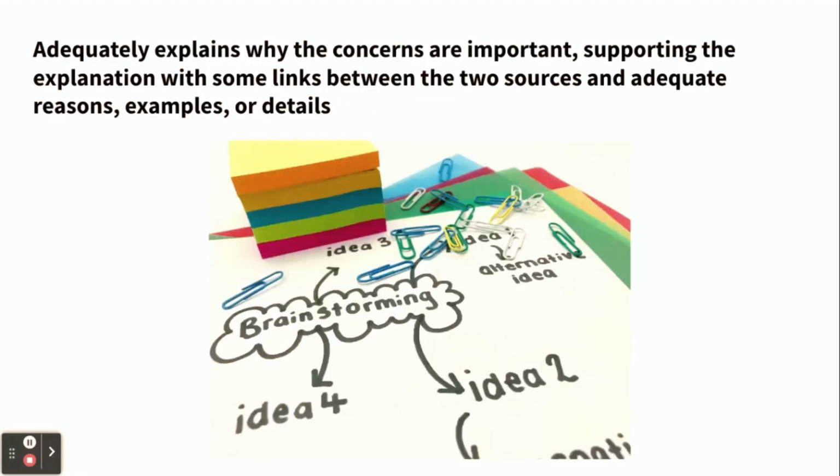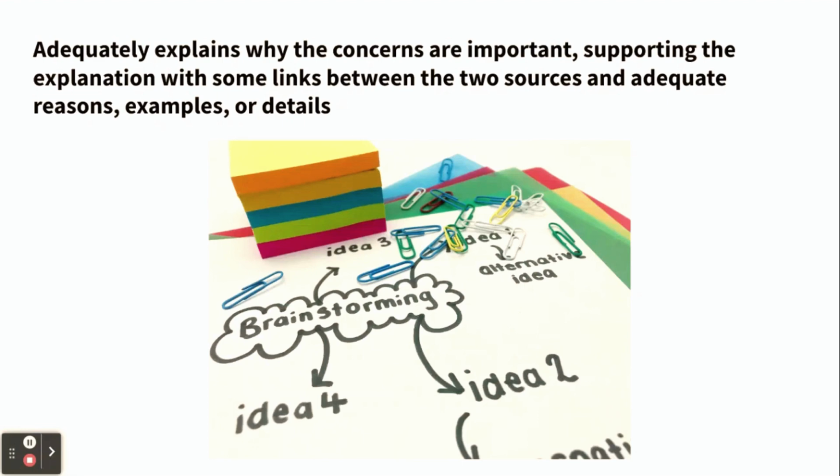So first of all, adequately explains why concerns are important, supporting the explanation with some links between the two sources and adequate reasons, examples, or details. What they're looking for you to do is to read these two sources and then explain what they said. It could be as simple as a summary.